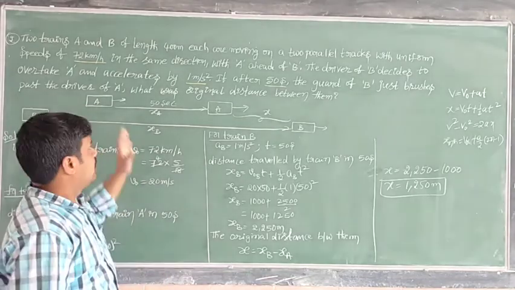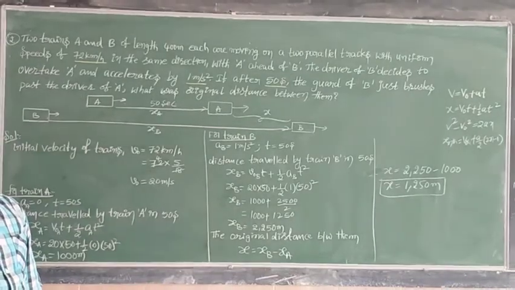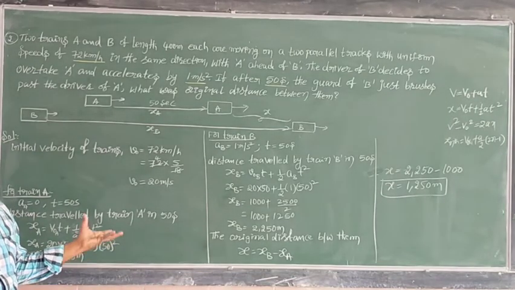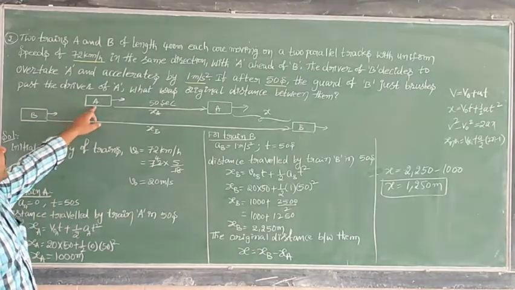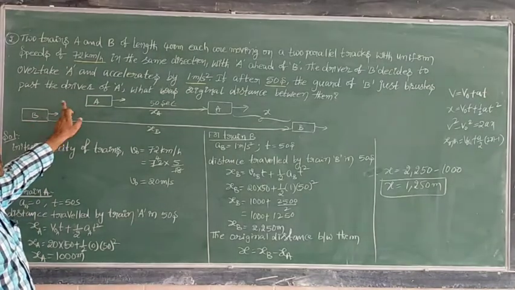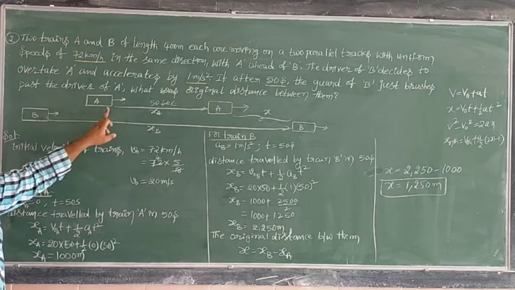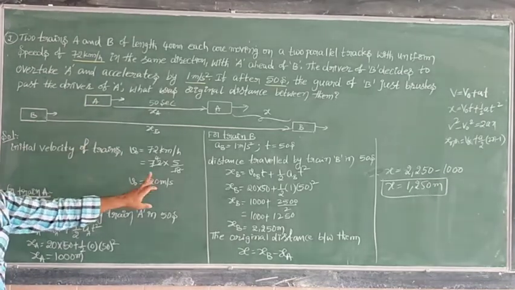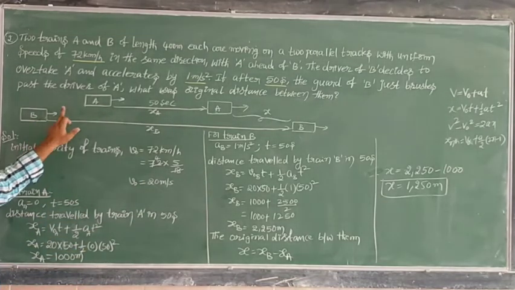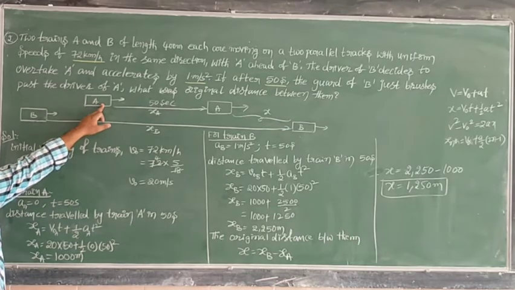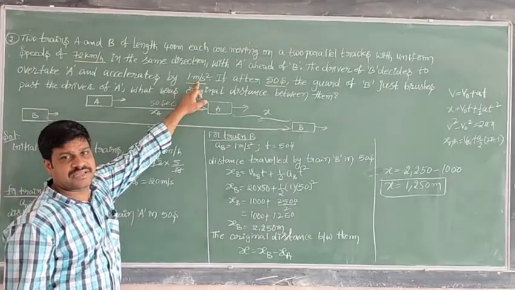You just have to observe the problem. Once, twice, listen to the explanation, watch the explanation. See, train A is ahead of train B. Two trains are initially moving with the same velocity, 20 meter per second. The driver of B decides to overtake train A. In that case, he accelerates his train with 1 meter per second square.